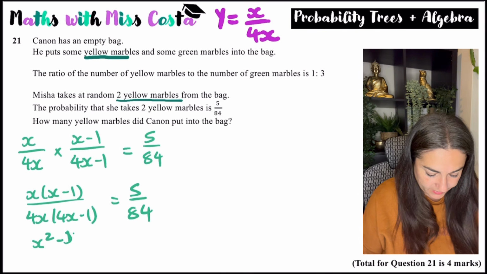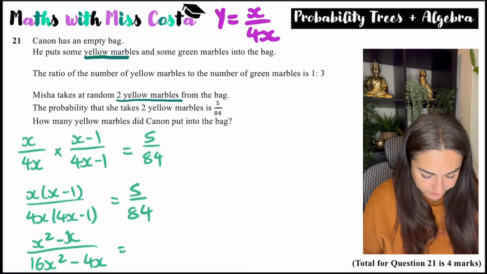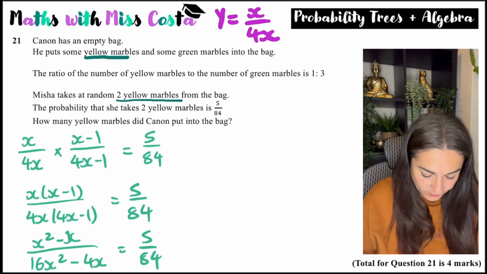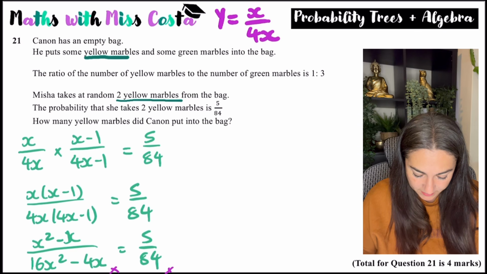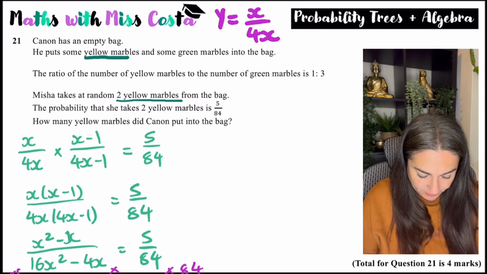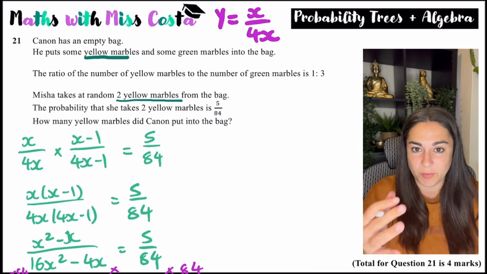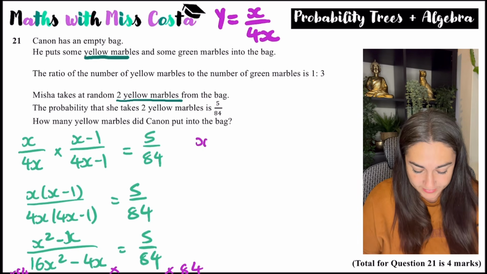So x squared minus x over 4 times 4 is 16, x squared minus 4x is 5/84. Now what I'm going to need to do is a little bit of multiplying. So I'm going to multiply both sides by the denominator. So let's multiply by 84 first. And remember, when you're multiplying fractions by a whole number, you only multiply the numerator.